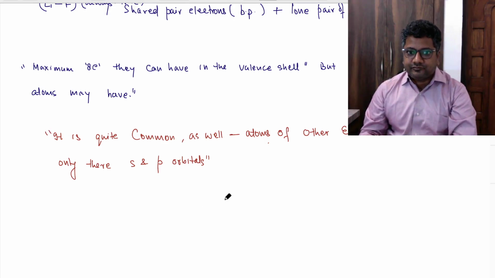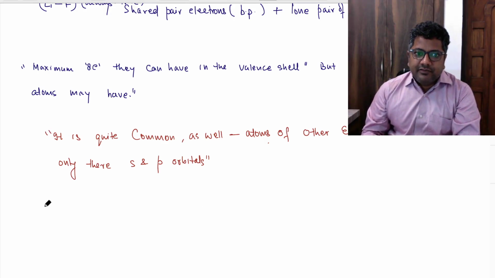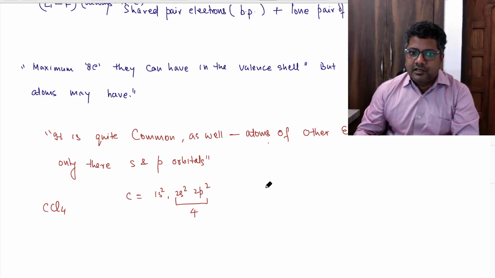Now see, suppose that we have CCl4 molecule, CCl4. So what is the electronic configuration of carbon? 1s2, 2s2, 2p2. So the valence shell electrons, how many? 4. And Cl, 1s2, 2s2, 2p6, 3s2, 3p5.